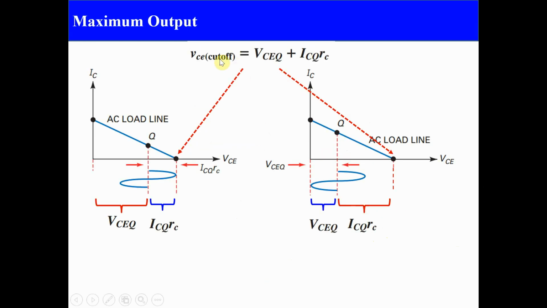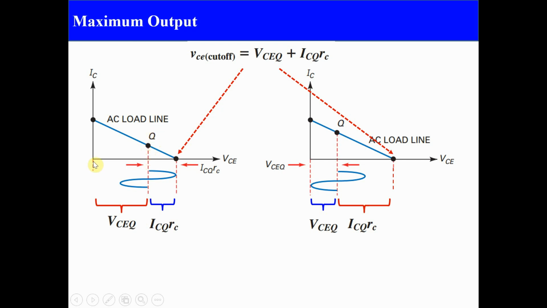So how do we get the maximum peak to peak output? That depends on the position of the Q point. In this first figure, the Q point represents the set of VCQ and ICQ.